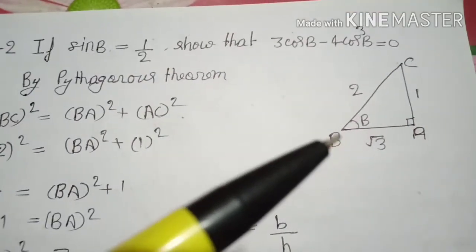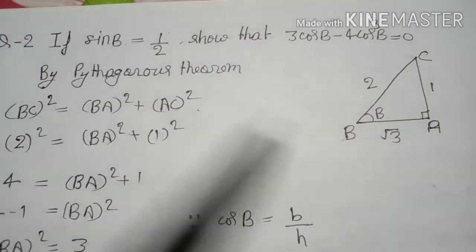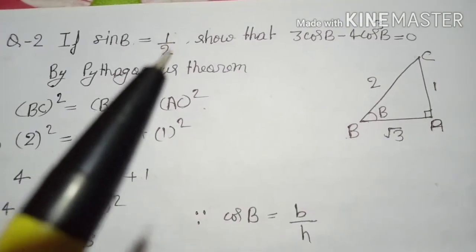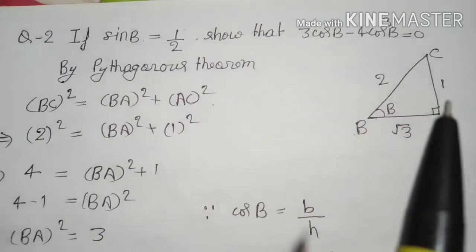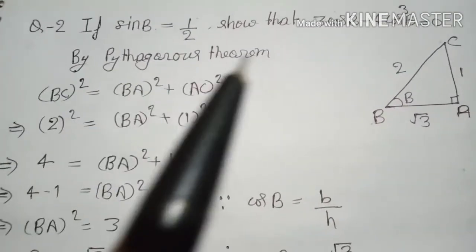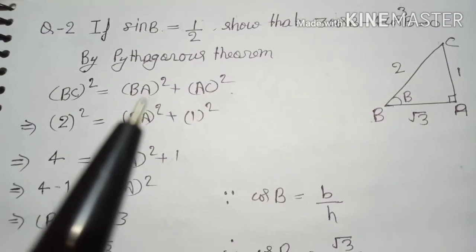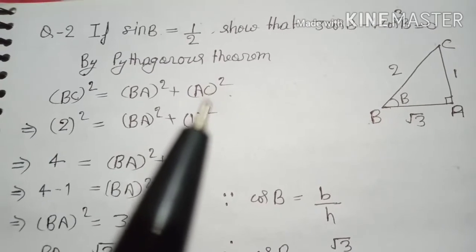We draw a right angle triangle ABC. Sin B is equal to 1 by 2, that is perpendicular divided by hypotenuse. So by the Pythagoras theorem, hypotenuse square is equal to perpendicular square plus base square.